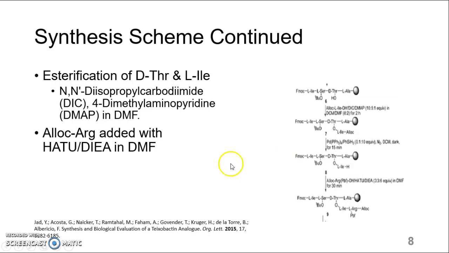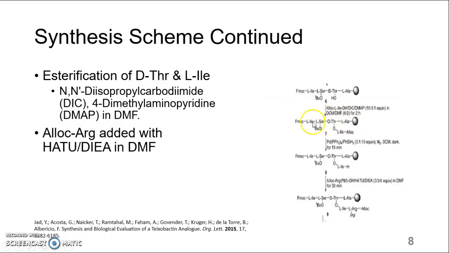doesn't change until the ester formation between the D-threonine residue and the L-isoleucine residue. So this takes place with the D-threonine hydroxyl group reacting with the L-isoleucine carboxyl group, and this is done using DIC, or N,N-diisopropylcarbodiimide, and 4-dimethylaminopyridine, or DMAP, and DMF.